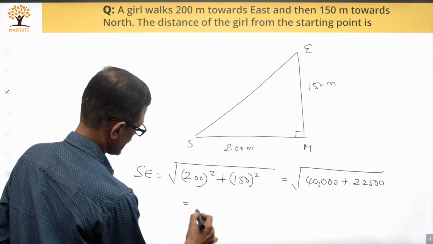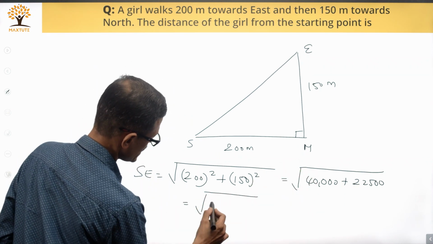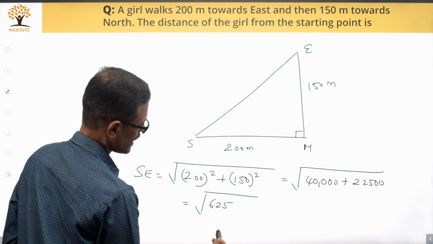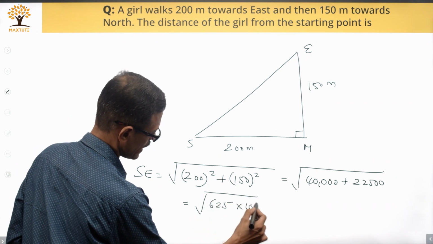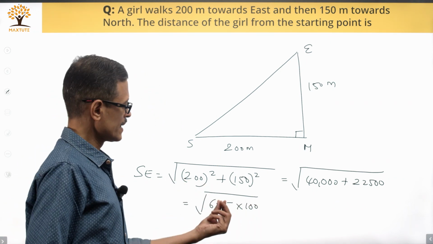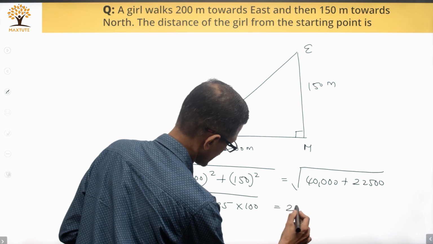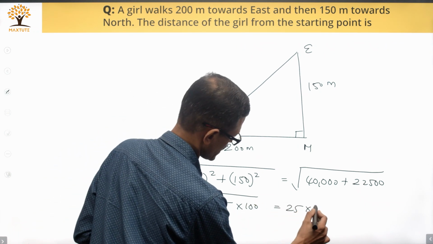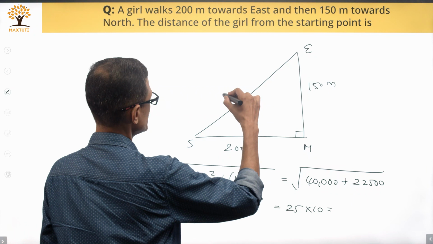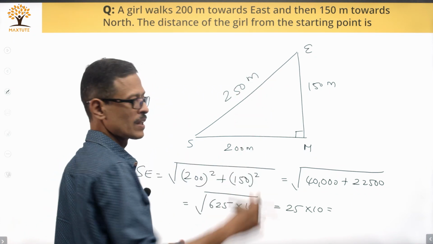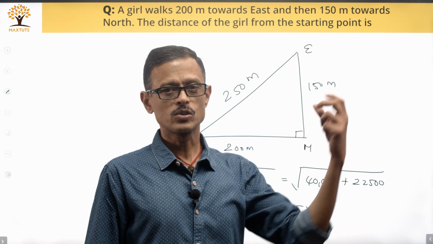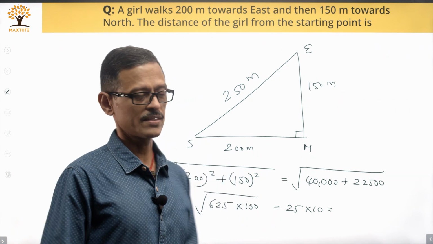So SE square is equal to 62,500. We will write it as 625 into 100, so we can take the square root quickly. The square root of 625 is 25. For 100, the square root is 10. So the measure of SE is equal to 250 meters. So the distance between the girl and the starting point is 250 meters.